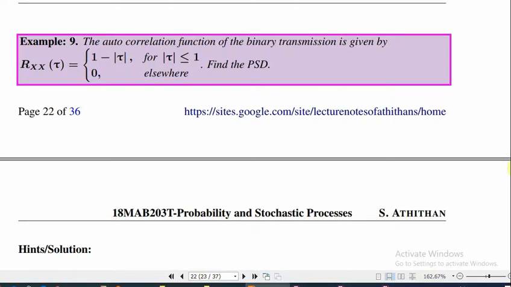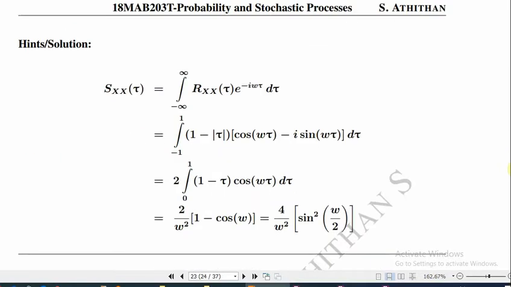Now, finding the Fourier transform: the function Rxx of tau is 1 minus mod tau, which is an even function. So you can write e power minus i omega tau as cos omega tau minus i sin omega tau. We will take the even part and apply Bernoulli's formula.